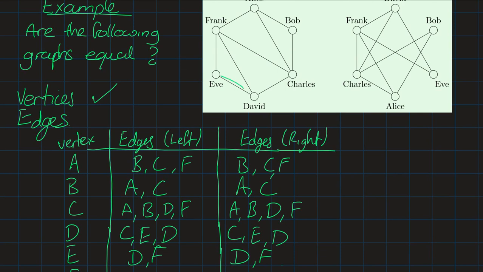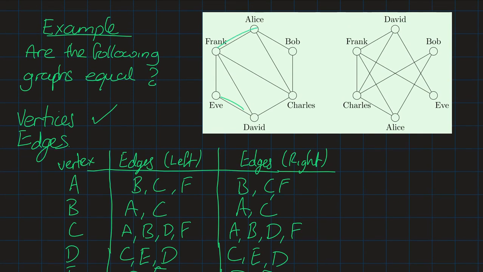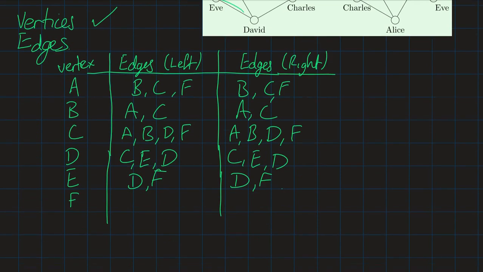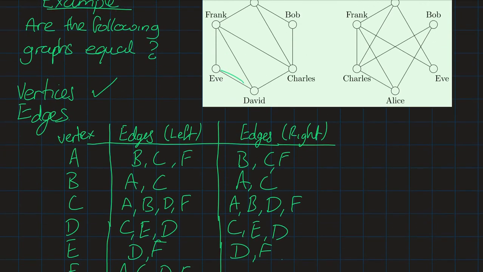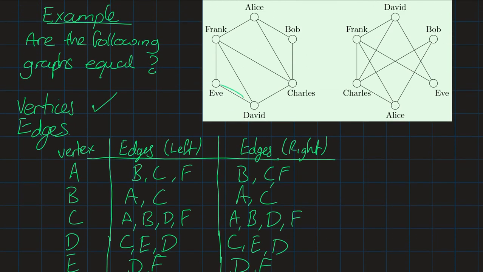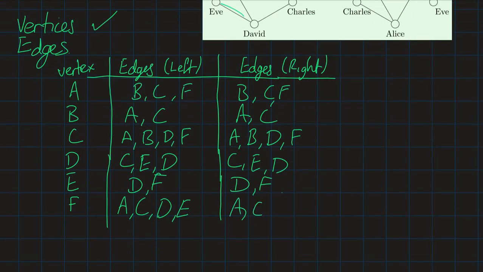In the left graph, Frank is connected to Alice, Charles, David, and Eve. And in the right graph, Frank is connected to Alice, Charles, David, and Eve.